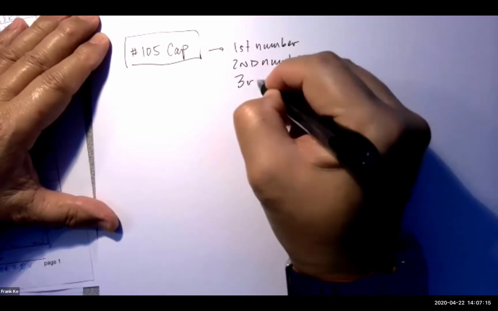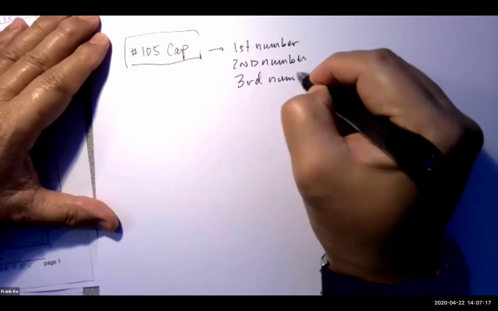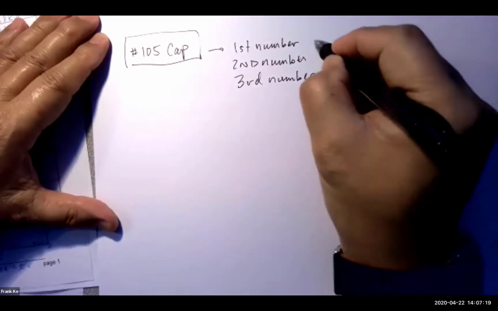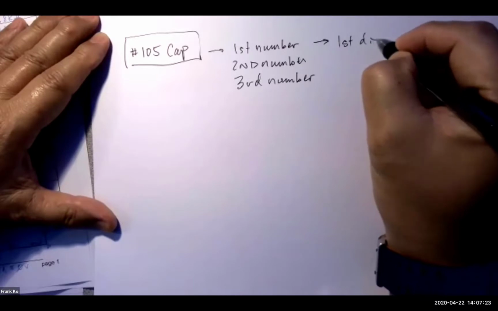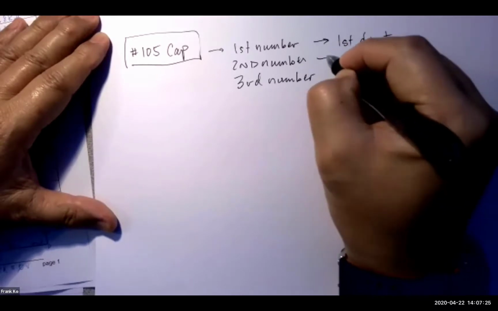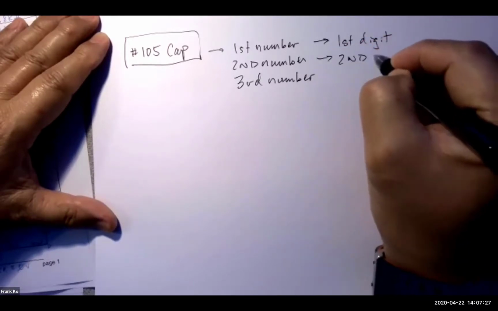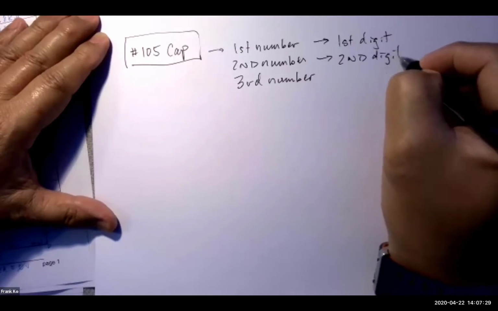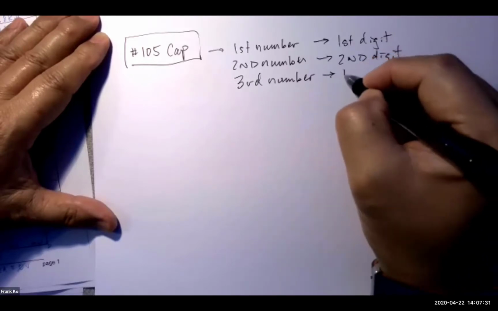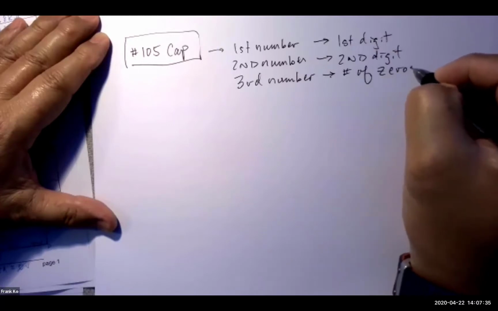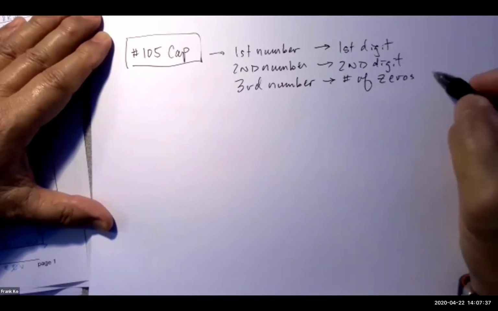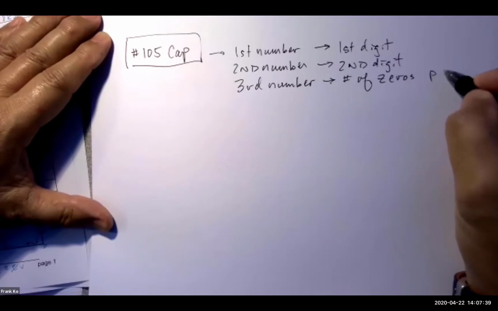And what does the third number represent? First number represents first digit. Second number represents second digit. Third number represents number of zeros before we write down picofarads.